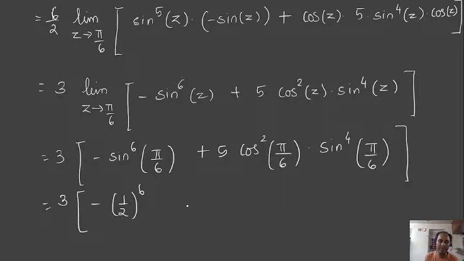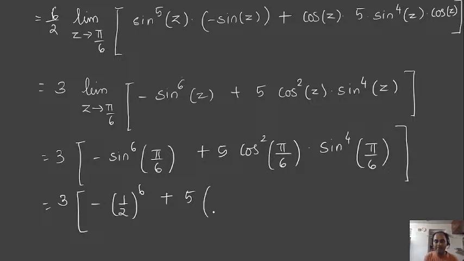Then over here, that is what you will get, and then here it is 5 times cos square. Now cos of 30 degrees is the same as sine 60. Sine 60 is root 3 by 2.